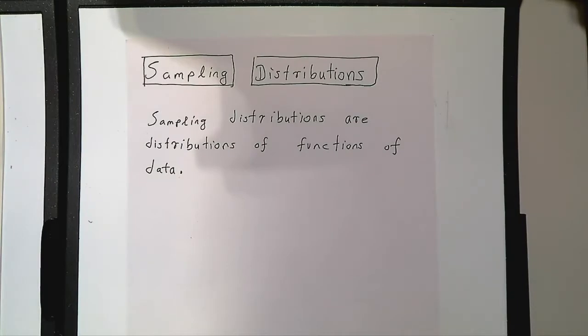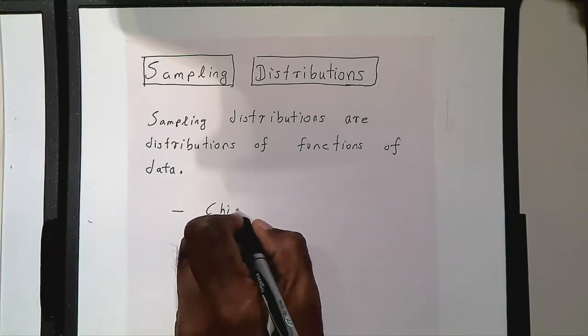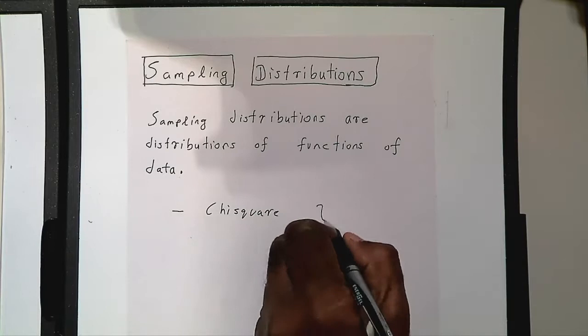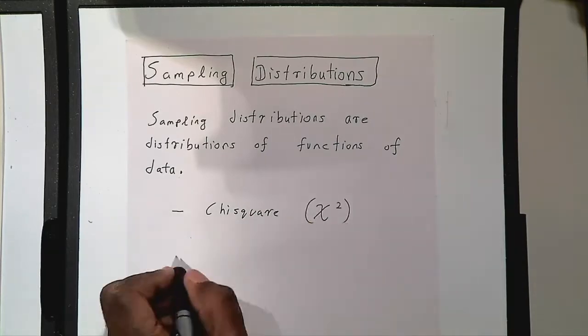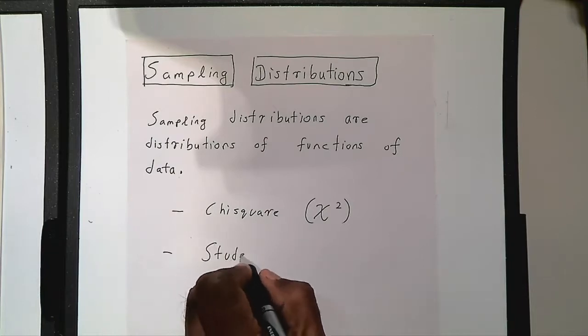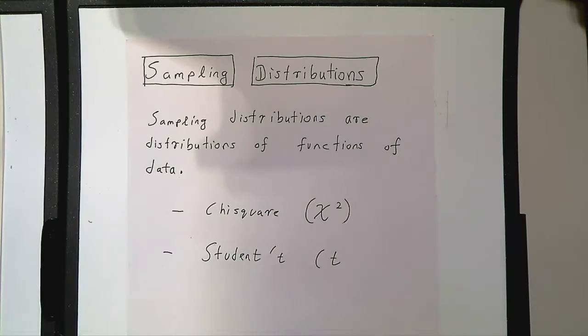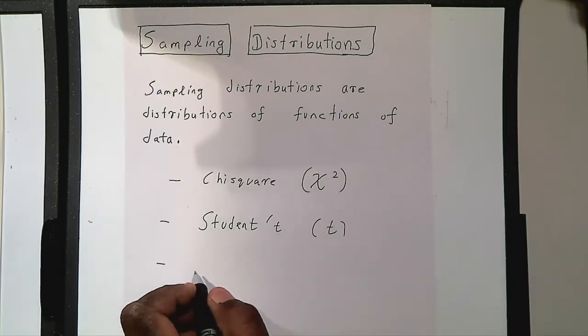In this course, I will talk about two sampling distributions. One is known as the chi-squared, denoted by this Greek letter. The other one is known as student's T, denoted by T. There's also a third one, the F distribution, which I will not talk about.